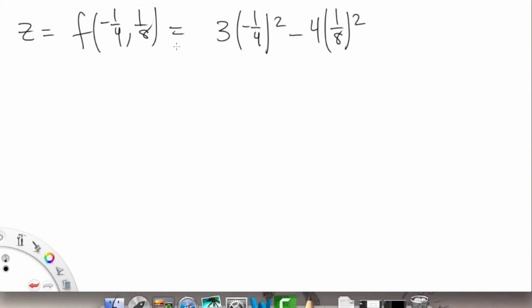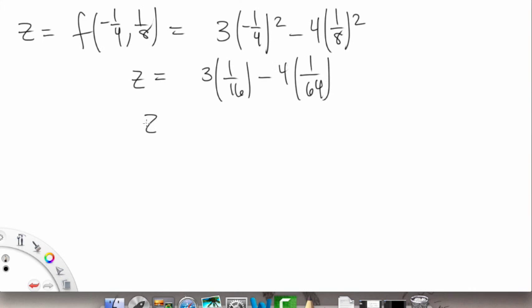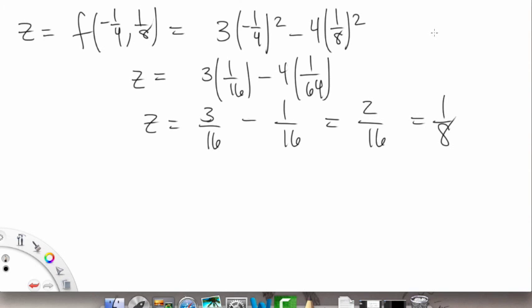All right, so if we continue solving, we're going to get that z, our z coordinate, is going to be equal to 3 times 1 over 16, and then minus 4 times 1 over 64. All right, so this is going to be 3 over 16 minus 1 over 16, which is equal to 2 over 16, which is then equal to a positive 1 over 8.